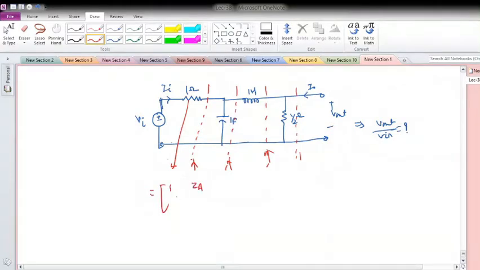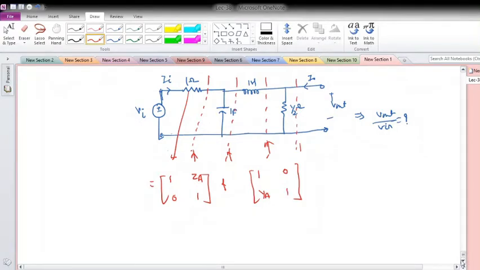If the element is in series, the matrix is 1, Z, 0, 1. Similarly, if the element is in shunt form, the ABCD matrix will be 1, 0, Y, 1, where Y is the admittance.